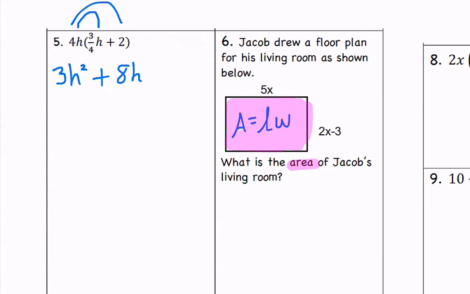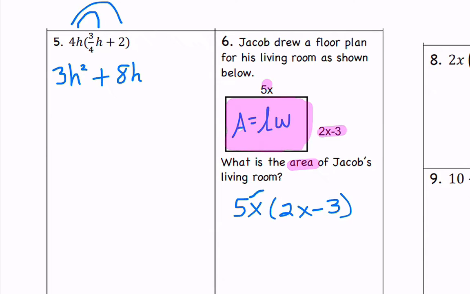So what I need to do is take these and multiply them. So I'm going to have 5x times, parentheses means times, 2x minus 3. We have a monomial, this is one term, and I'm multiplying it by a polynomial. We always put polynomials in parentheses.